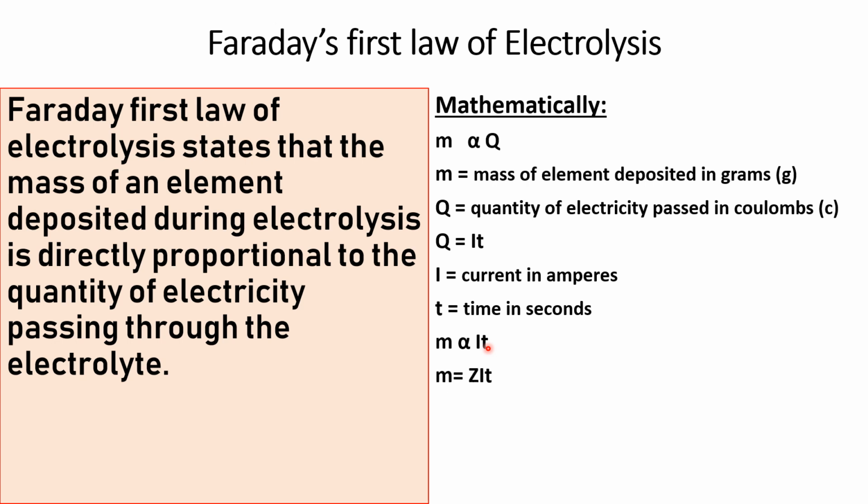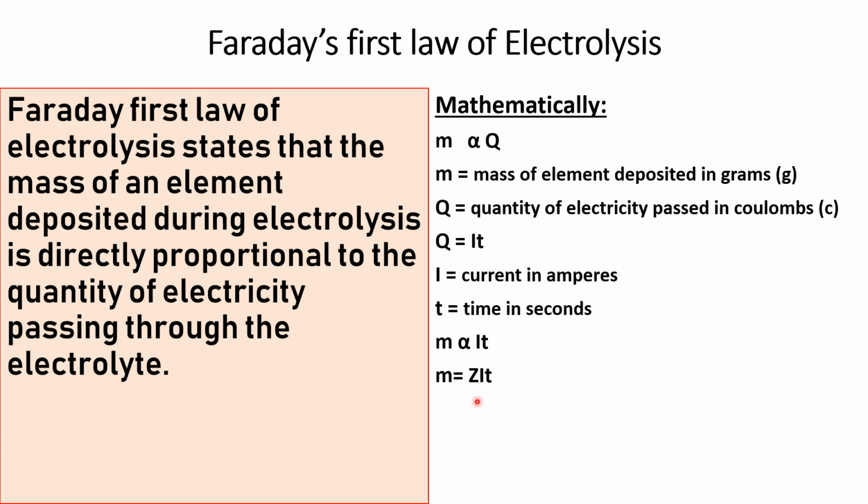But we cannot do anything with this formula. We need to introduce a proportionality constant so that we can put an equal to sign. The constant we are introducing now is this letter Z. So mass is equal to the constant, current, and time, the product of the three of them.